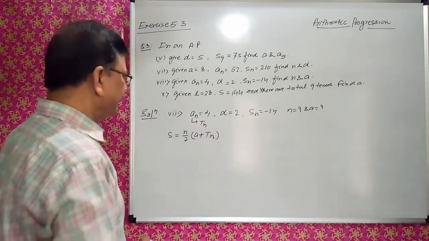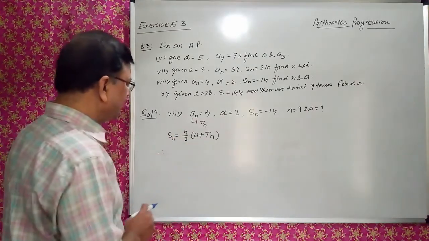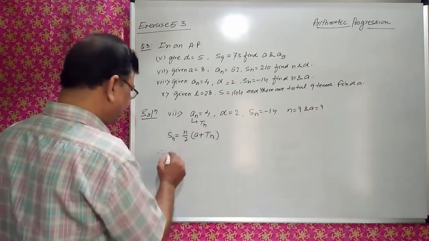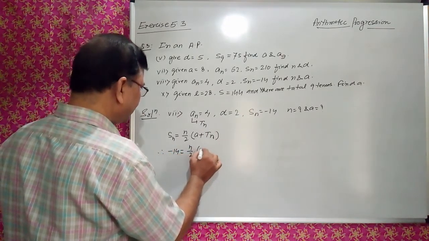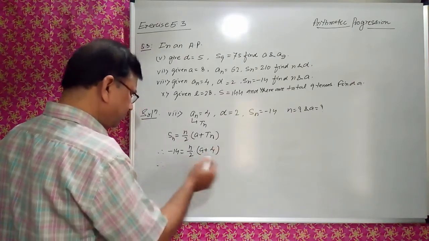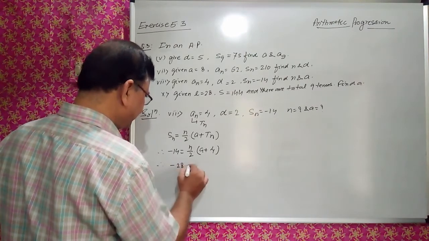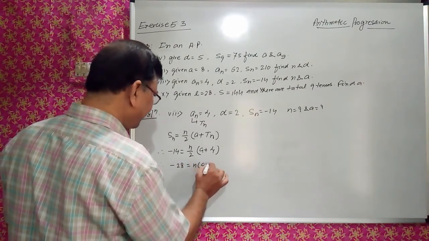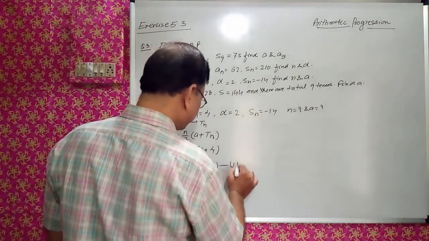Sn is given, therefore minus 14 is equal to n by 2 into (a plus 4). Further simplification gives minus 28 is equal to n into (a plus 4). Let this be the first equation.